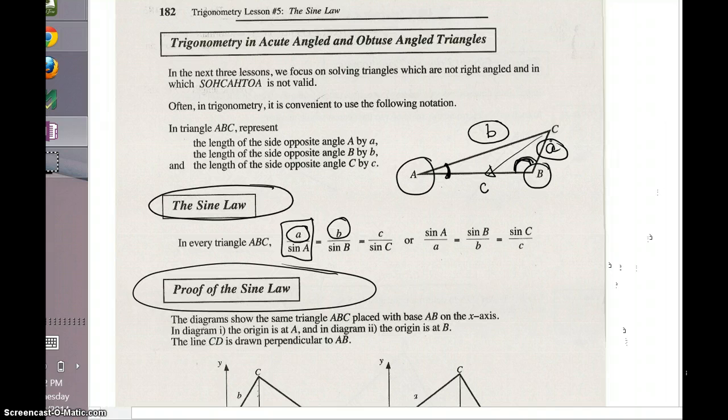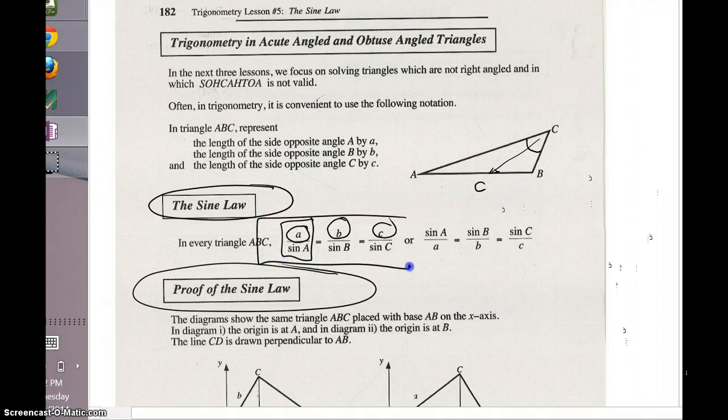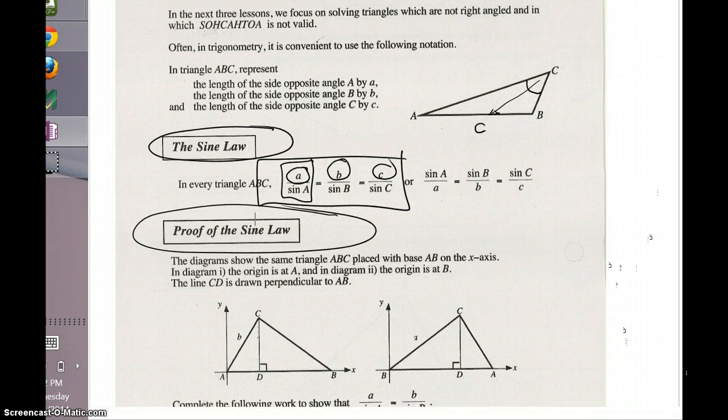And I can say the same thing, I'm going to erase all of this and do it again. I can also do the same thing with C. The side C, which is here, will be divided by the sine of the angle C, which is opposite, and I can set these all in an equal-to relationship.